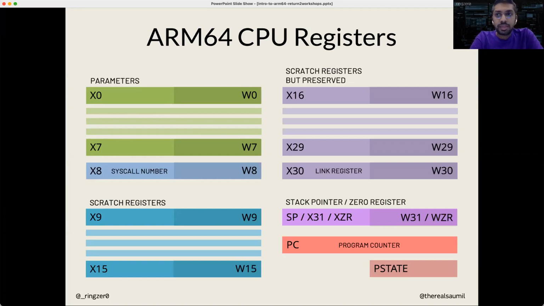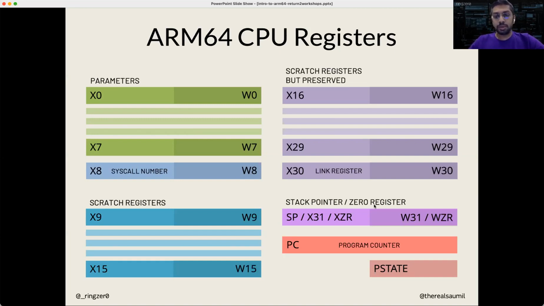So if you look at X0, it'll give you a full 64-bit value. W0 will only give you the lowest 32 bits in that register. Same with all the other ones, W1 all the way through W31.